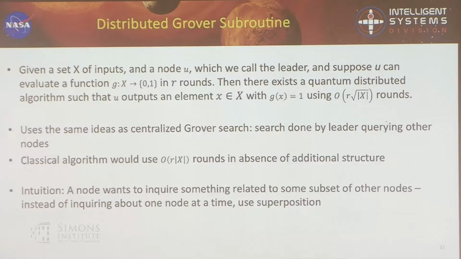And the intuition is that a node wants to inquire about something related to some subset of other nodes. And instead of inquiring one node at a time, it can do so in superposition and get the information somewhat more quickly.